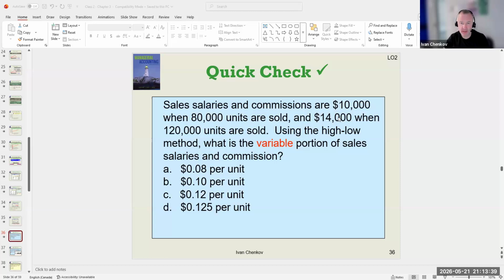So which one is numerator? Cost or the units? Cost. Which one is the denominator? Should be units, right? So what we have on the numerator, what's the number that we have? Should be 4,000, correct?